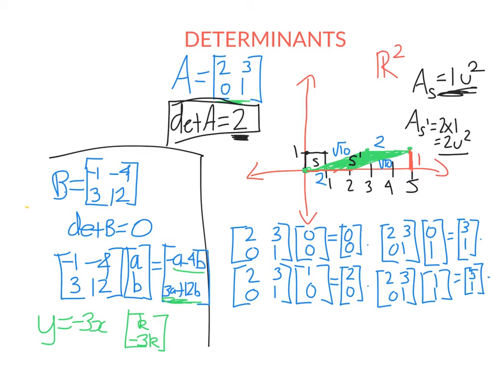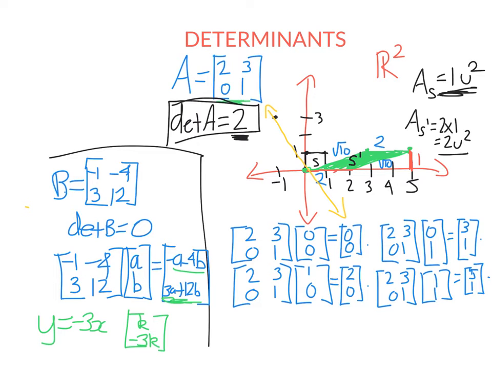Just plot another point here. So x is -1 and y is 3, which will be this point up here. So the line y equals -3x goes through those 2 points. So it's actually the line that goes through here. So any vector in the span of the columns of B will lie on that line. So it's only one-dimensional.